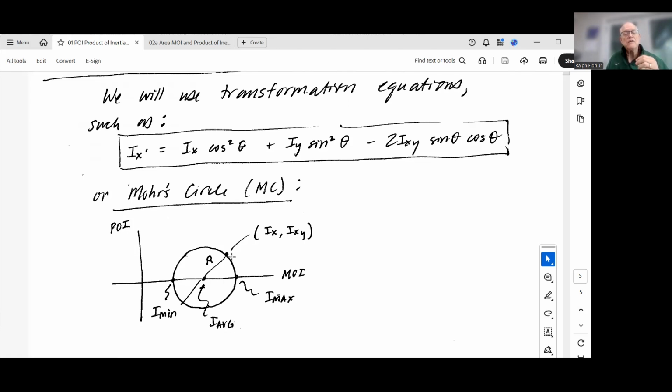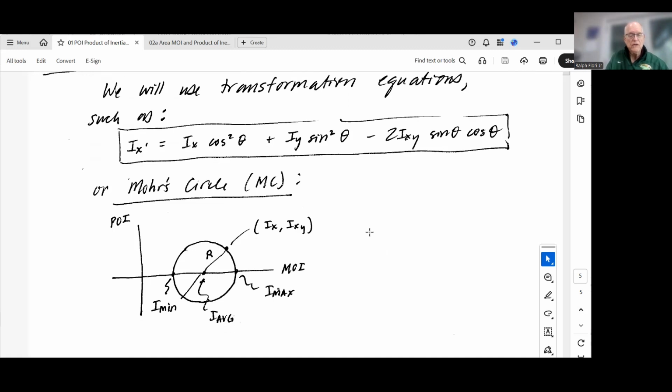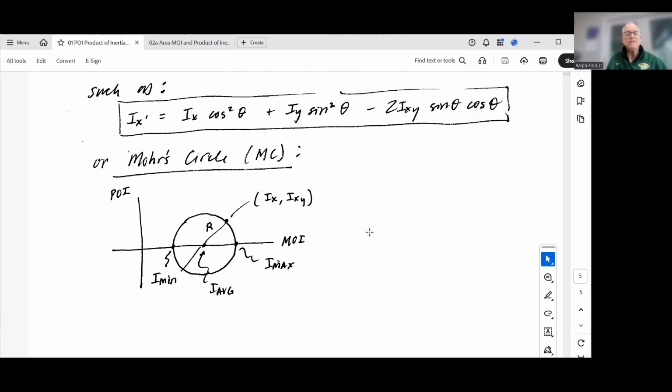The points along this circle are combinations of Ix and Ixy at every angle of orientation of our original area. We're going to use Mohr's circle to find Imax, Imin, and our angle theta p to the principal angles and whatever else. Those are some of the things we're going to do in the next week or two, week and a half.